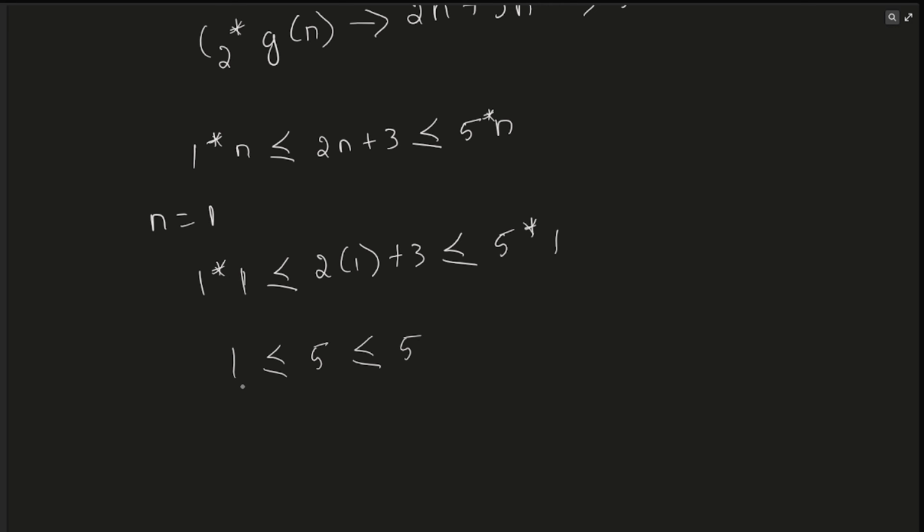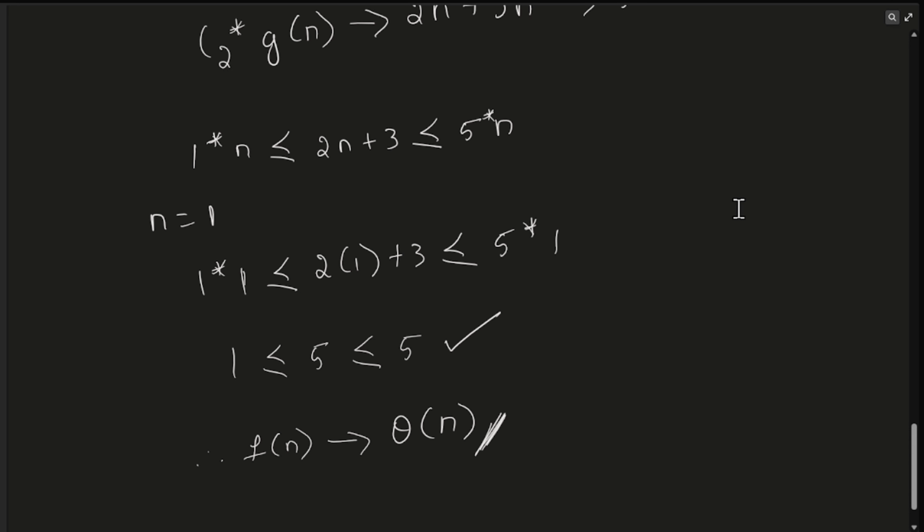Yes, all these comparisons are holding good. Therefore, we can conclude that the time complexity of 2n plus 3 in theta notation is theta of n. This tells us that 2n plus 3 exactly grows like n.